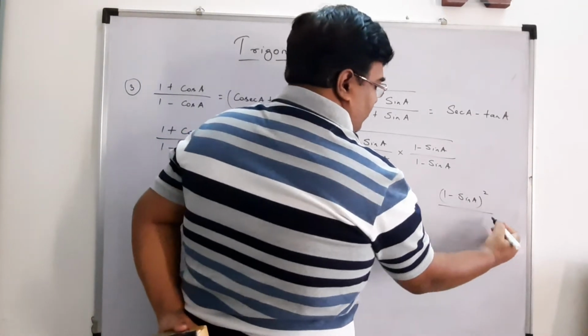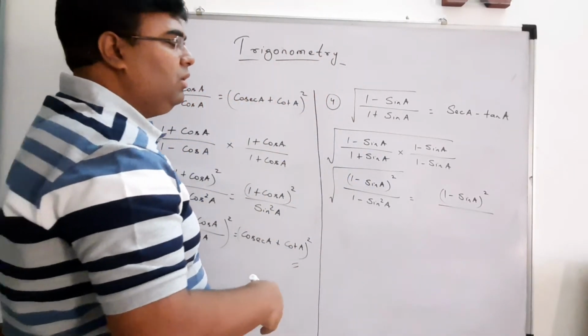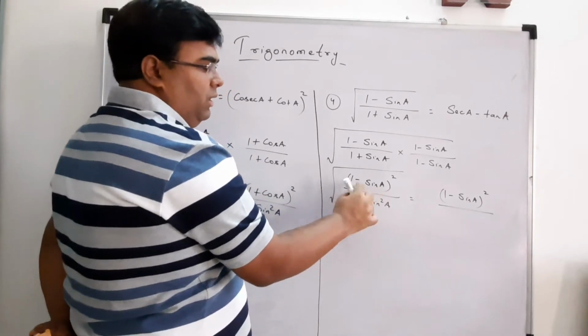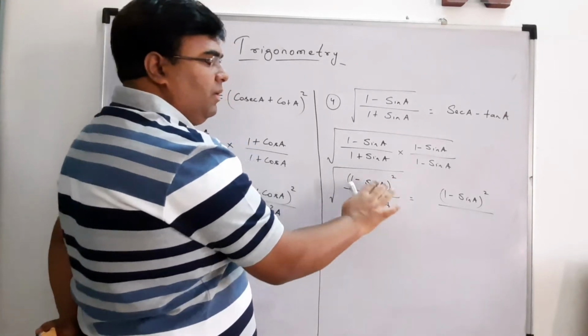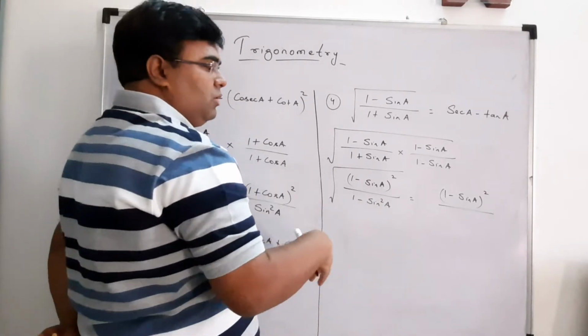So again, 1 minus sin A whole square. Since you need to bring the term out of the square root, you don't open this. You could use a square plus b square minus 2ab, but we are not doing it, because we need to bring it out of the square root.